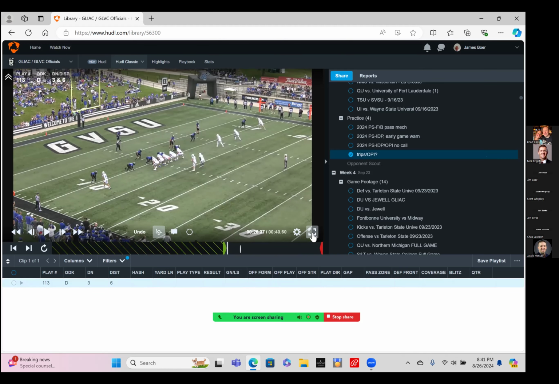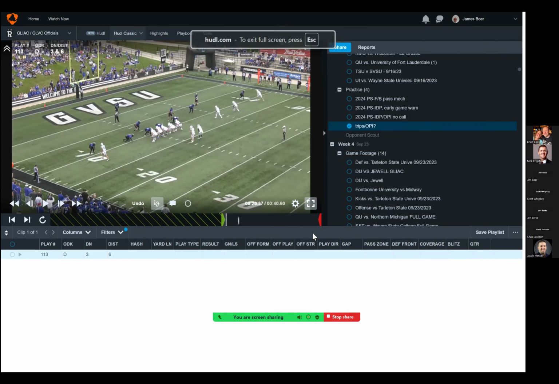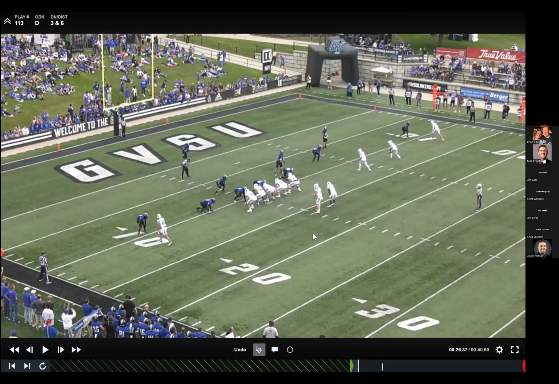All right. This last one I think is just a great example of red zone OPI, staying with your key a little bit longer, whose responsibilities, and being able to shift those responsibilities if need be. We have trips at the top of the screen, so the widest guy belongs to deep, who is on the pylon.